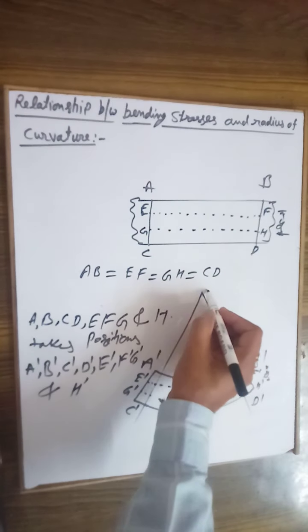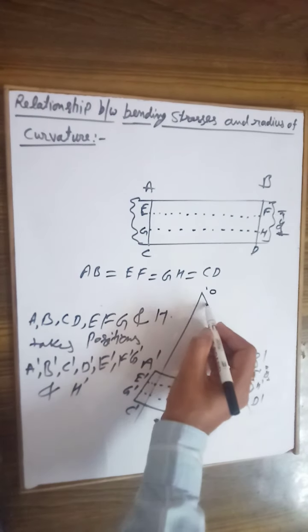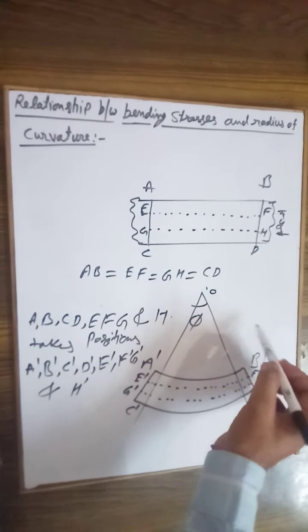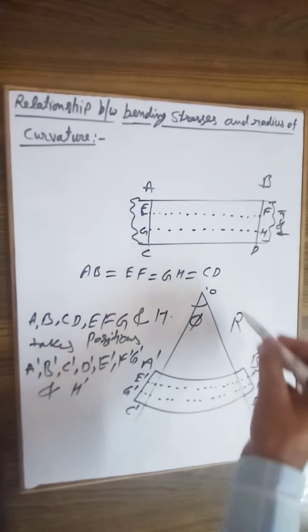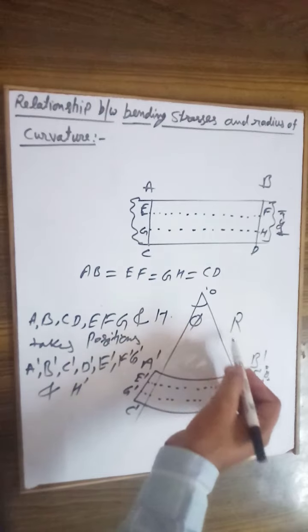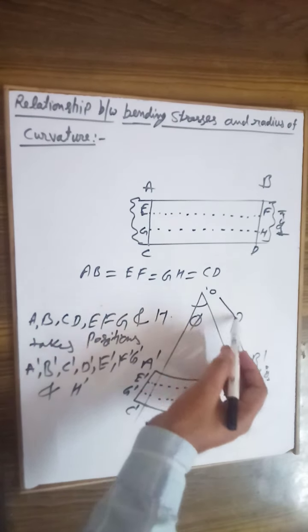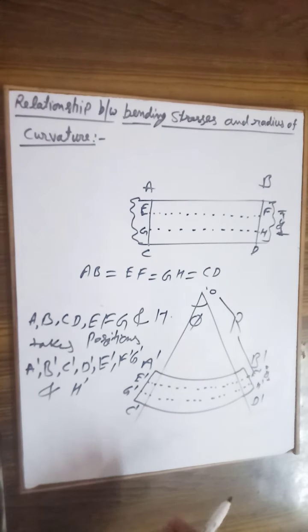Okay, let's see this. This is point O. So this angle is phi. And it will form an arc of the circle up to this point. So the radius up to this point can be represented by capital R.